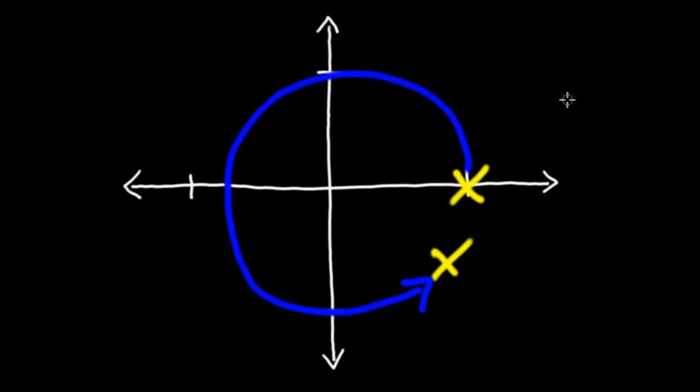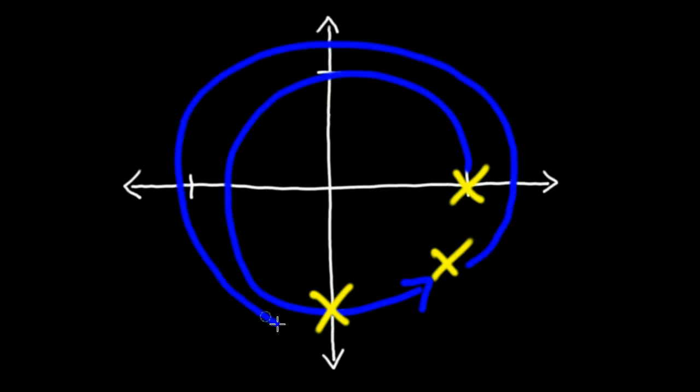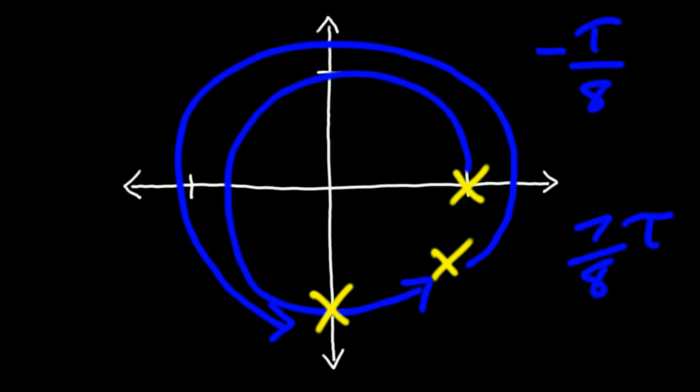And then if we were to look at the next sample, this one, couldn't that have been from here around 7/8 of a turn this way? Well, that's interesting. Instead of being negative tau over 8, couldn't this be positive 7/8 tau? Huh. It could be either one, couldn't it?